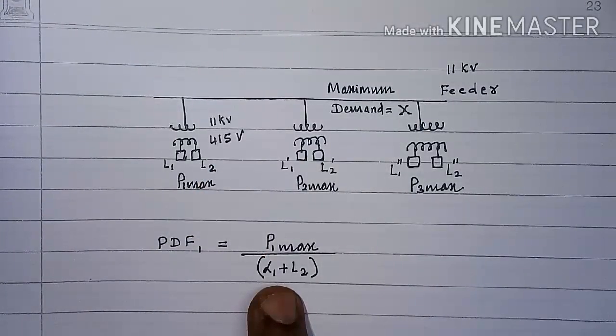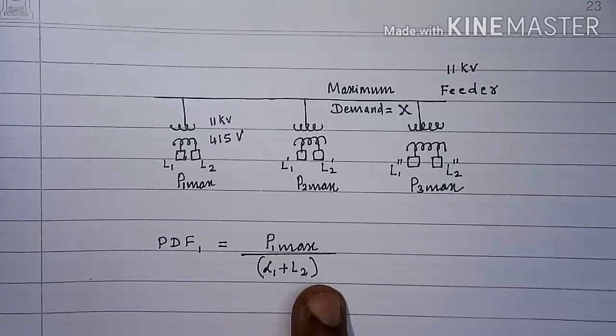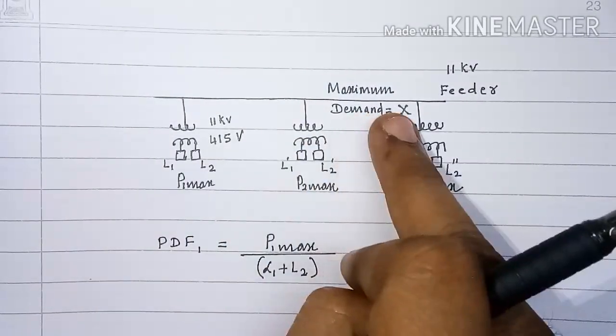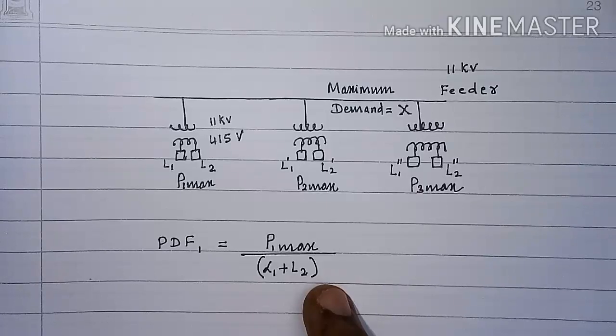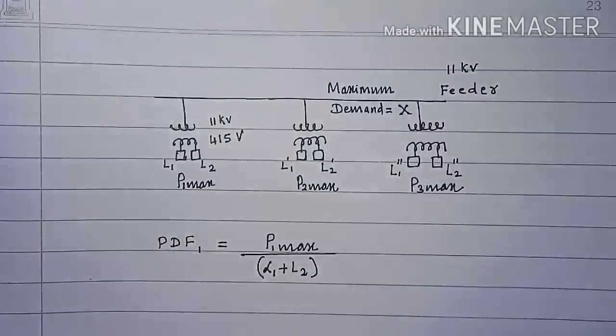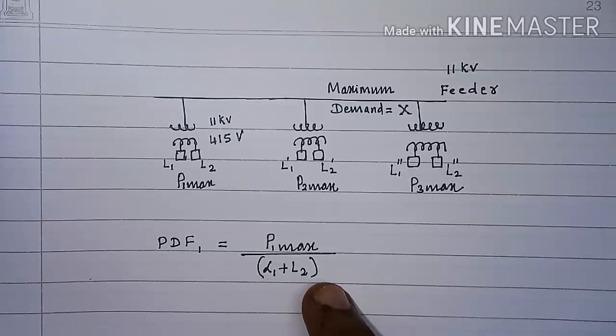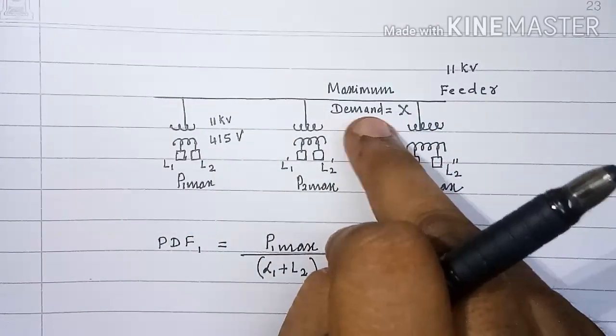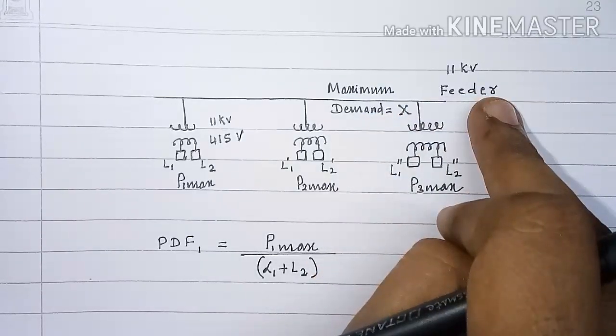So here in the denominator we are taking L1 plus L2, because L1 plus L2 is the demand of consumer group 1 when there is a maximum demand of X kilowatt on the feeder.